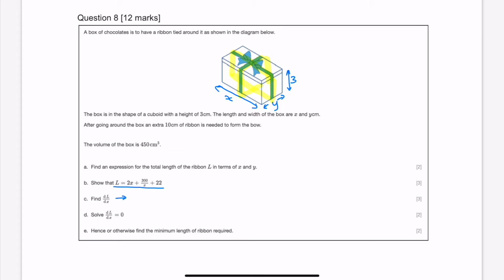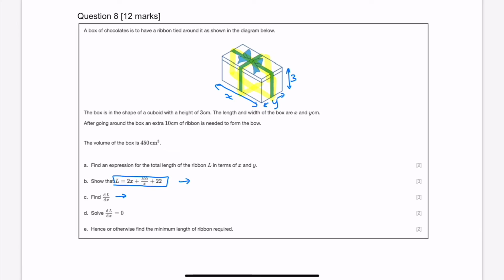We've already got the equation given to us, so I'm just literally differentiating it. I might want to rewrite this first so that I don't have x as a denominator.